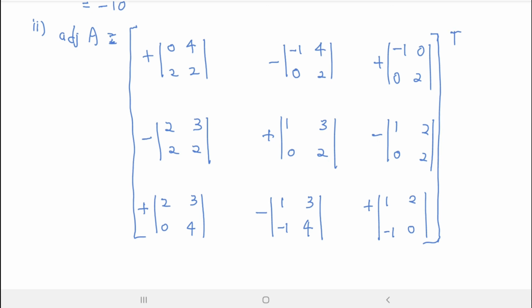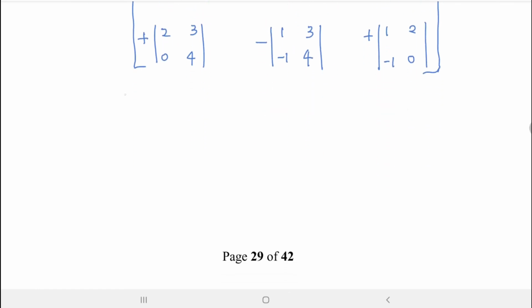Okay, and then you calculate everything, you will get negative 8, 2, negative 2, 2, 2, negative 2, and 8, negative 7, 2.